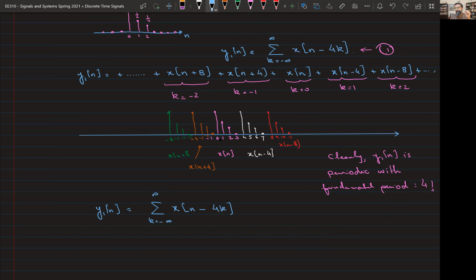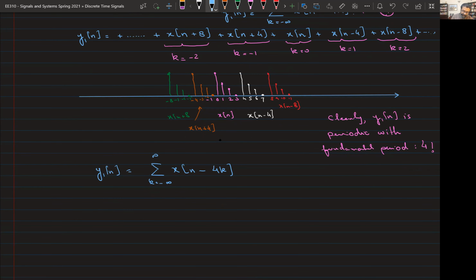If from this visual inspection I have figured out, as many of you have pointed out in the chat box, that the fundamental period for this is capital N equals 4, then I must have the following: if I compute y1 of n plus capital N, which is in this case 4 here, and I plug in the sum over k from minus infinity to plus infinity, I replace n with n plus 4, and there's a minus 4k here, is this equal to y1 of n?